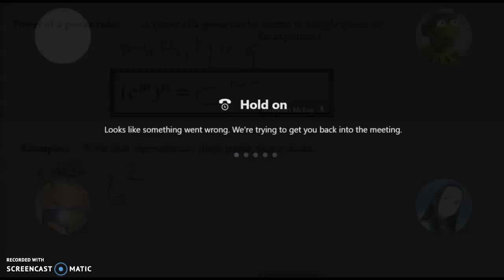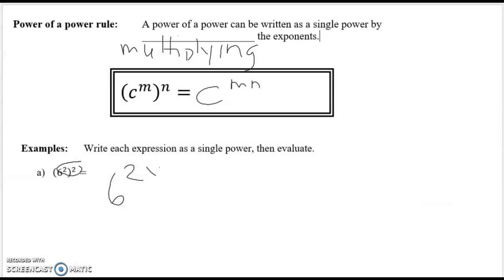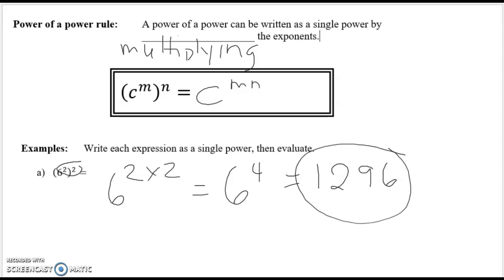So we know that 2 times 2 equals 6 to the exponent 4. And if you put that in your calculator, 6 exponent 4, you will get 1,296 as your final answer.